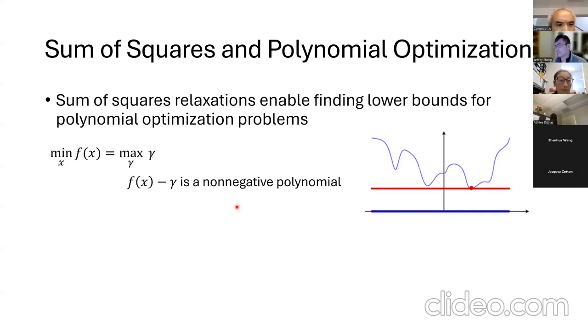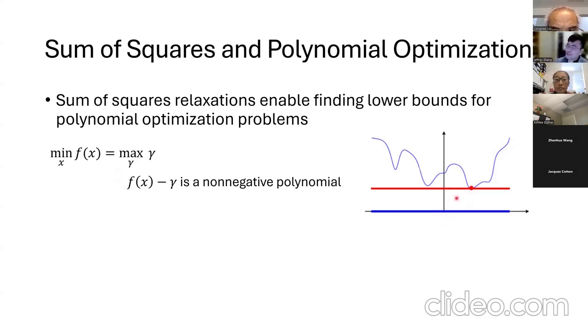If I look at what f(x) minus gamma is doing, I take the x-axis and essentially move it up and down based on what gamma is. I can move gamma all the way up to the point where the global minimum of f is.